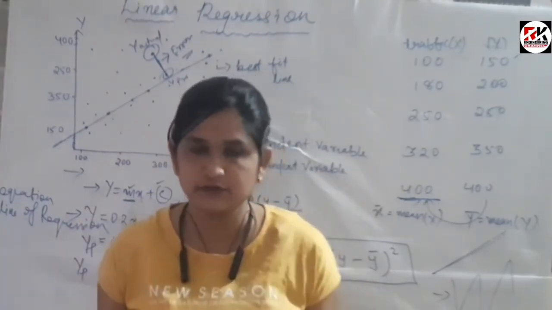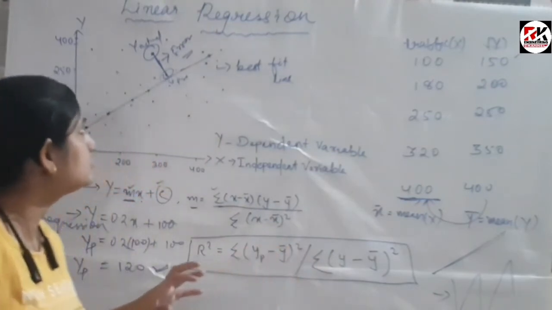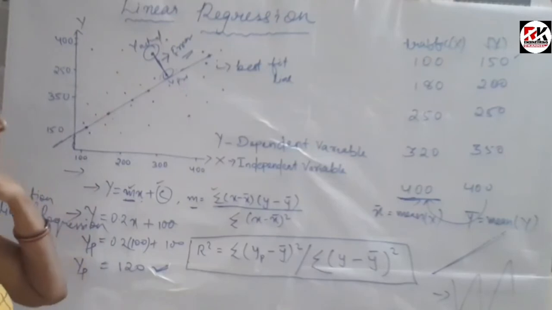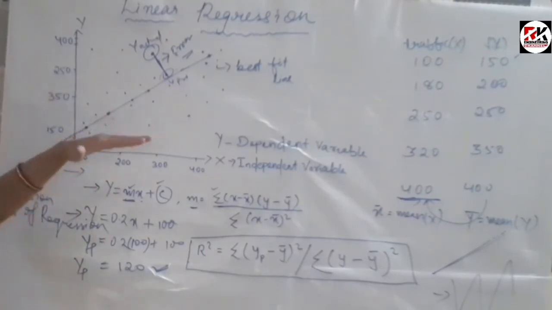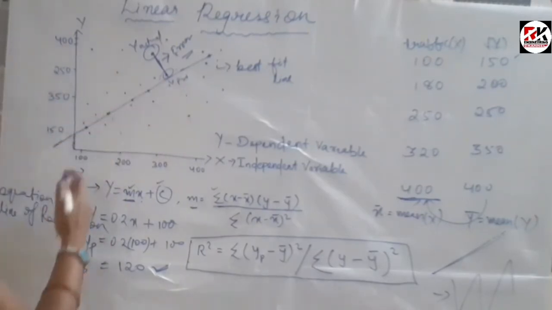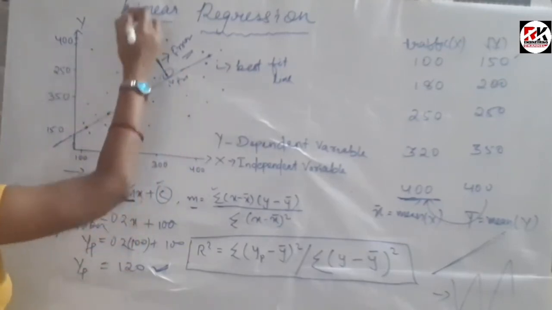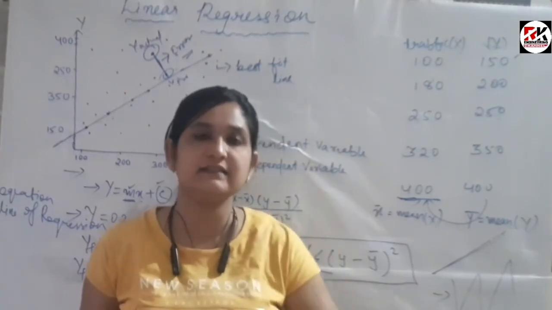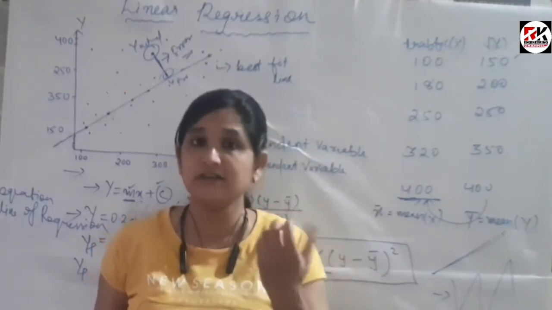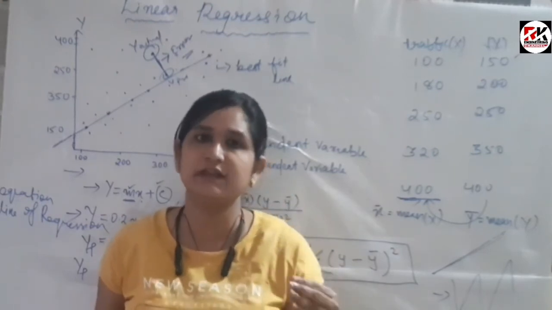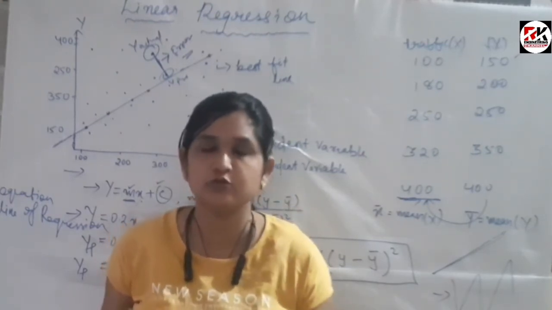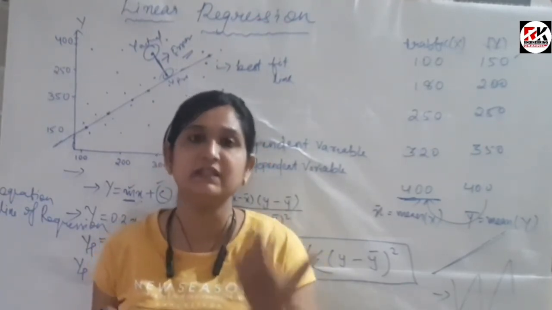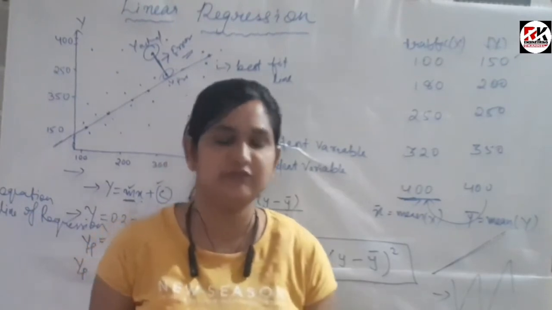Taking different m values, it will try to draw a line in the whole plane in which the error will be minimal, where the y predicted value is mostly equivalent to my y actual value. In that way it will decide the line of regression where the error is minimal. So this is the whole scenario of linear regression.